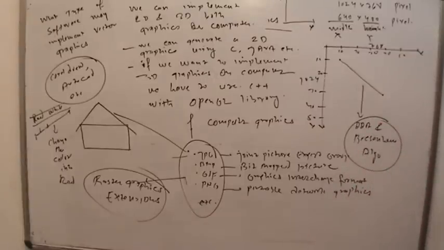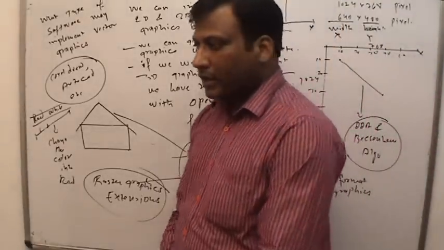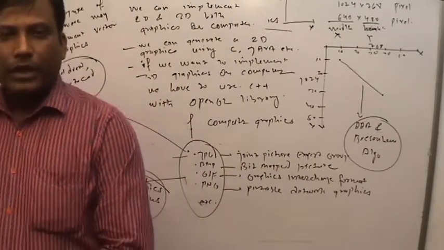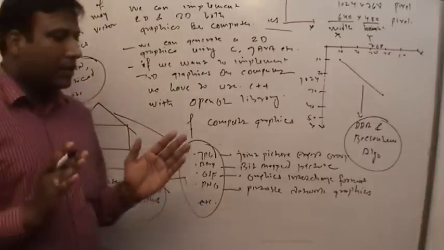So we learned that graphics is of two types, raster and vector, and earlier graphics was defined into two parts, 2D graphics and 3D graphics. So we can implement any type of graphics on computers.